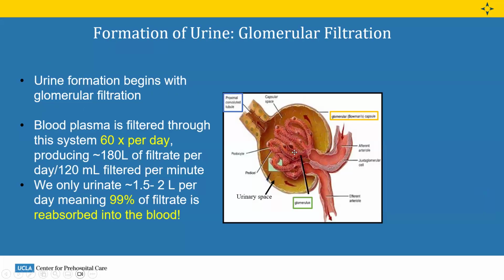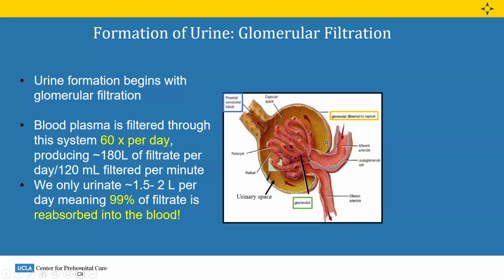Okay, so now let's talk about how we actually produce urine. So we talked a little bit about blood flow from our afferent arteriole becoming the glomerulus, exiting as efferent. So essentially, filtration of blood is going to take place at the glomerulus.